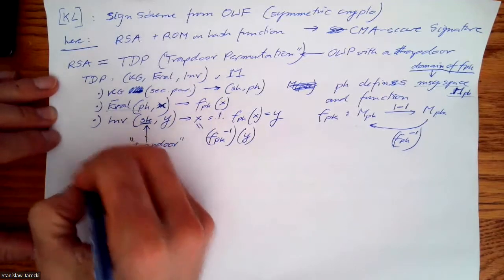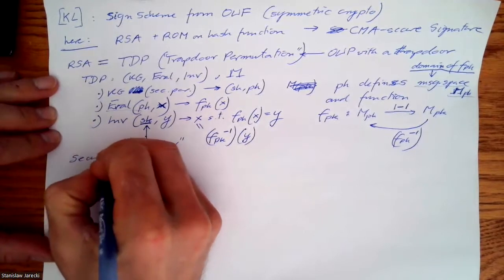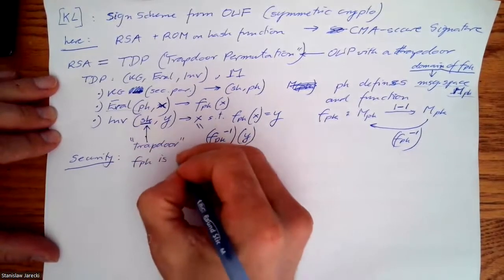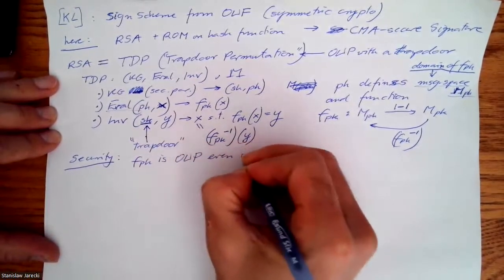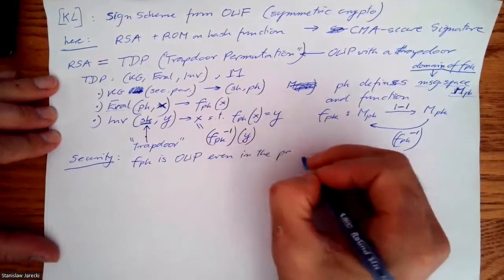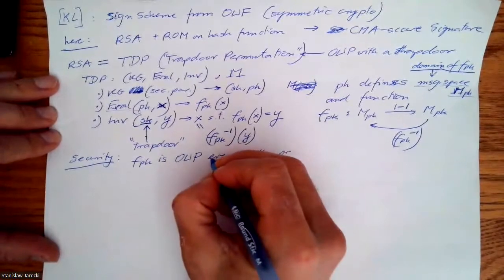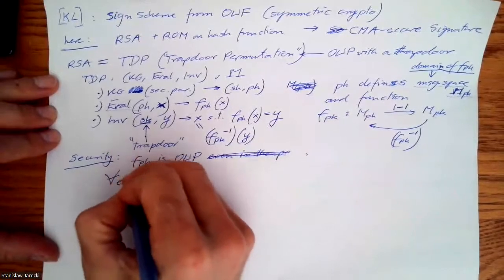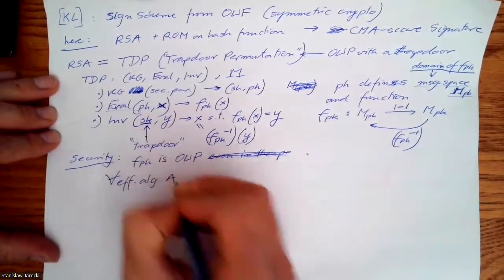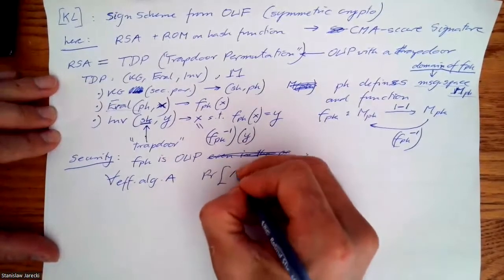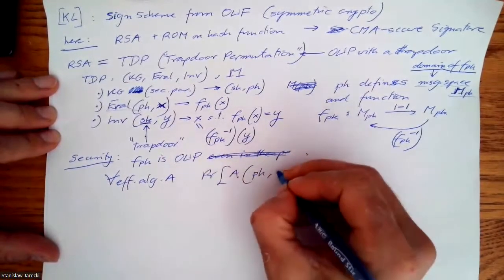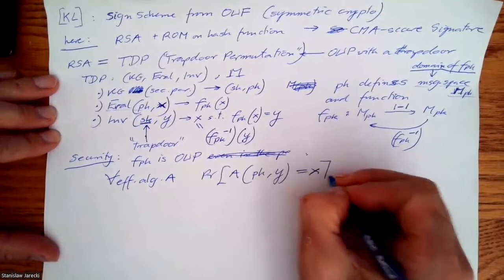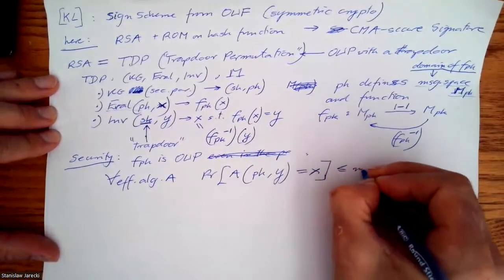But security is that F_PK is a one-way permutation. In other words, for any efficient algorithm, the probability that if this algorithm gets the PK and gets a value y, and is trying to compute x, will be negligible.